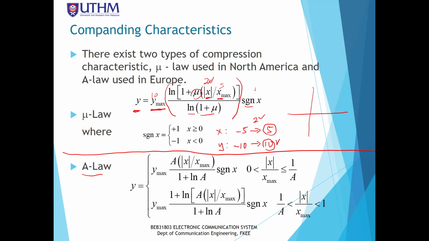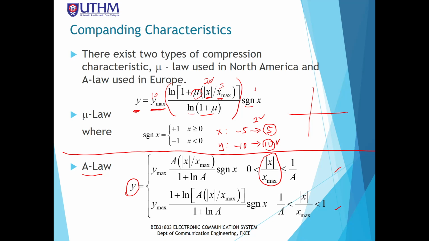Okay. Similar for the A law, if you see from the A law, we want to find the output of the quantizer given the input x and also the quantizer levels. Okay, so you see that here, it is divided into 2 parts, depending on the ratio of x over x max, the ratio of input.